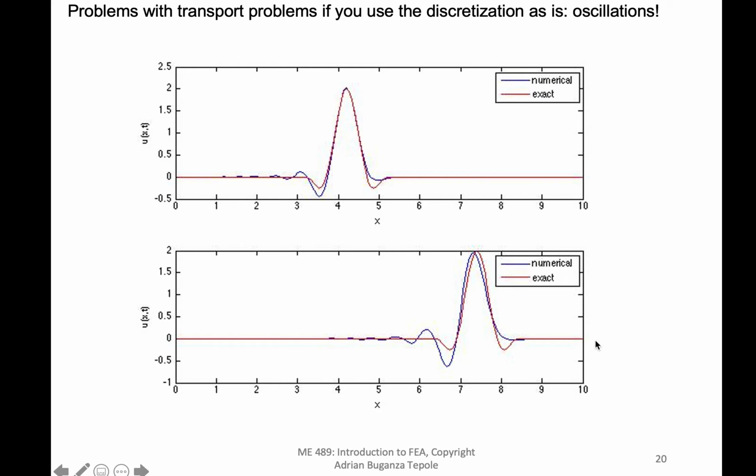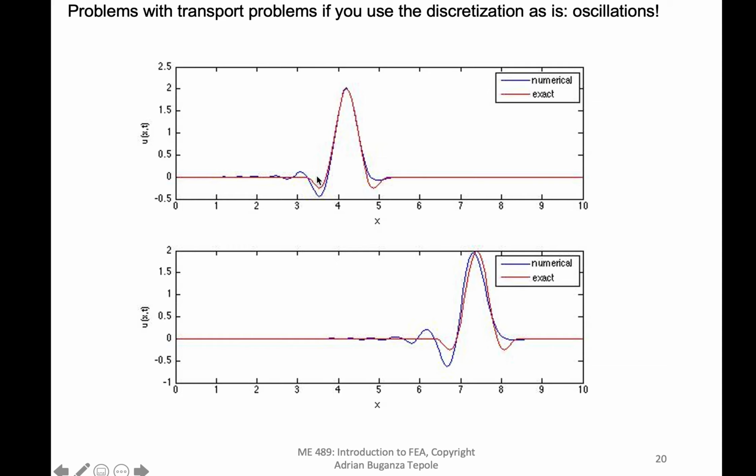But if you solve it with a standard central finite difference in this case, but the finite element method would do the same, you would get these oscillations that grow as you solve the problem. So here you can see a small oscillation, and then as you continue to solve the problem, you get bigger oscillations.